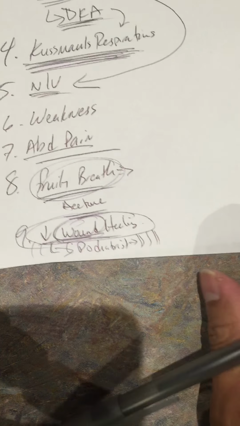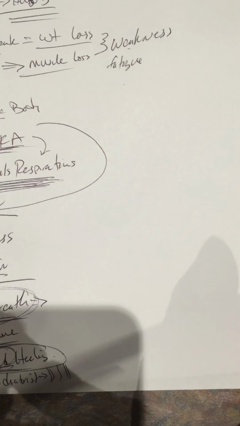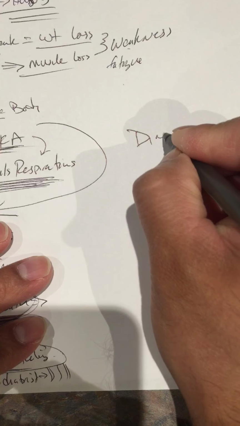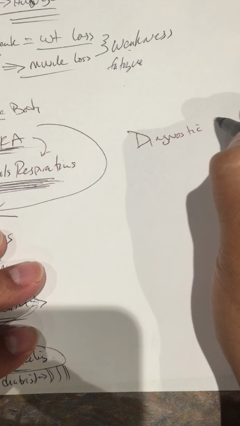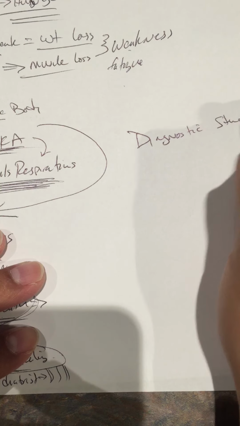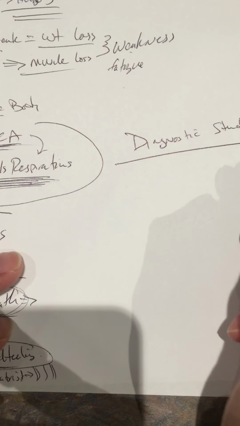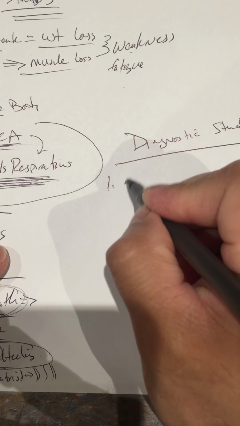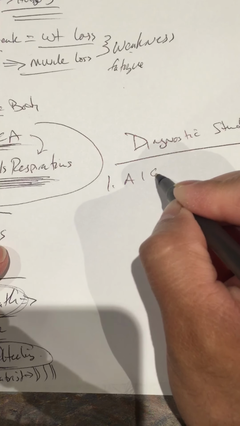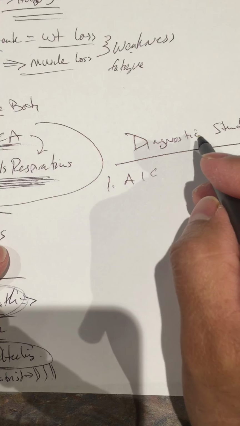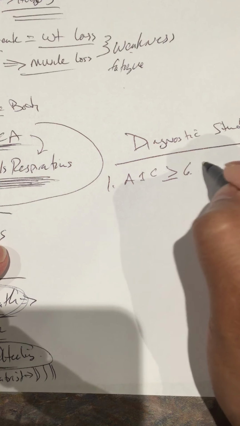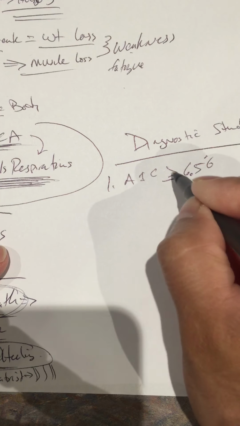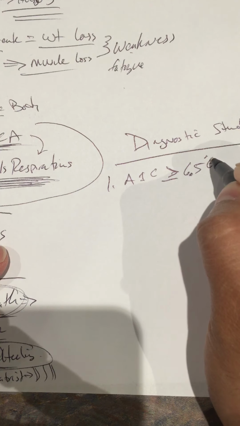Now, what are some diagnostic studies? Again, I'm just going to go through these very, very briefly. Number 1, A1C, more specifically hemoglobin A1C. This would be greater than or equal to, again, 6.5%.